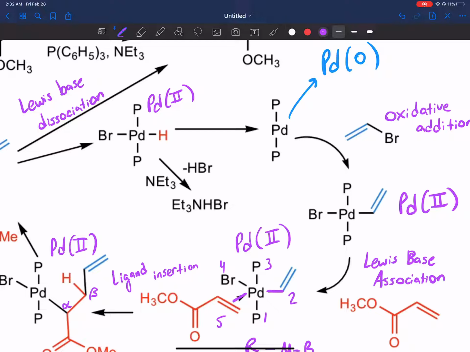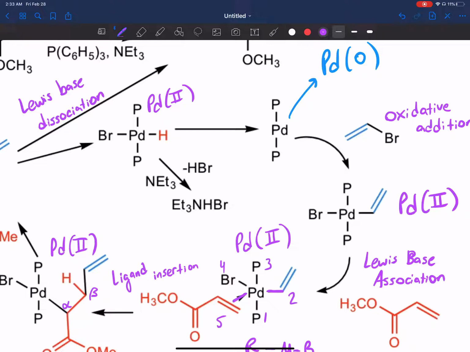And now we still have one step here. The whole point of these catalysts is we get to regenerate them and reuse them. So we need to get from here to here, and that involves removing the hydrogen and the bromine. If I'm removing two ligands that contribute to my oxidation state, they increase my oxidation state when they're on it. So if I take them off, they're going to decrease my oxidation state, or in other words, they reduce my oxidation state.